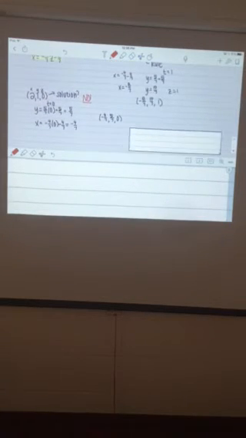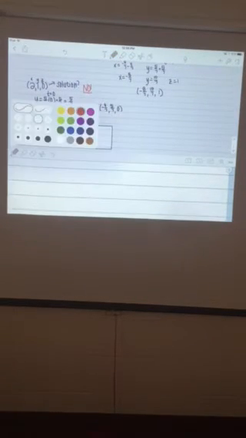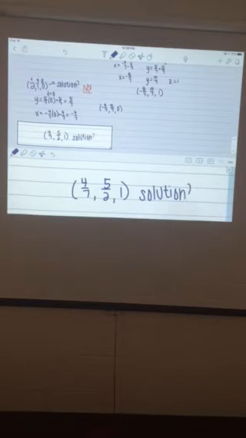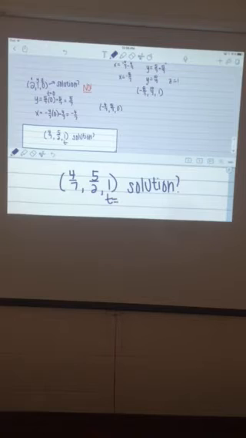So we can try one more. Let's see if 4/7, 5/2, and 1 is a solution. So if this is a solution, then we're letting t equal 1.